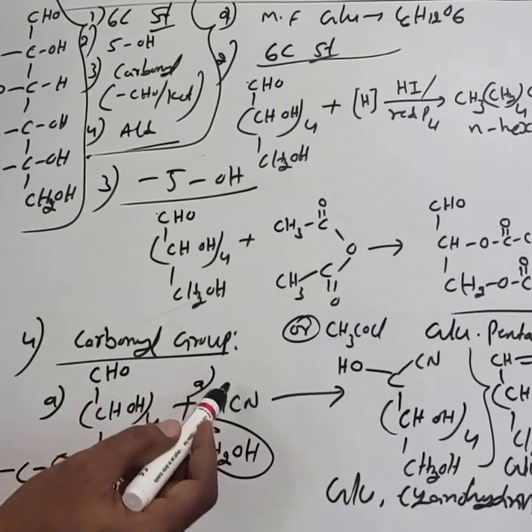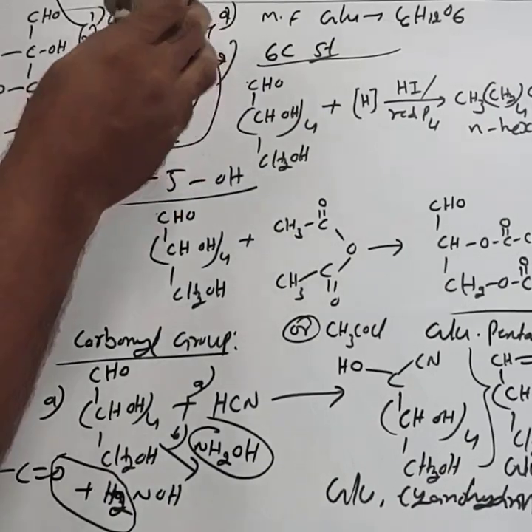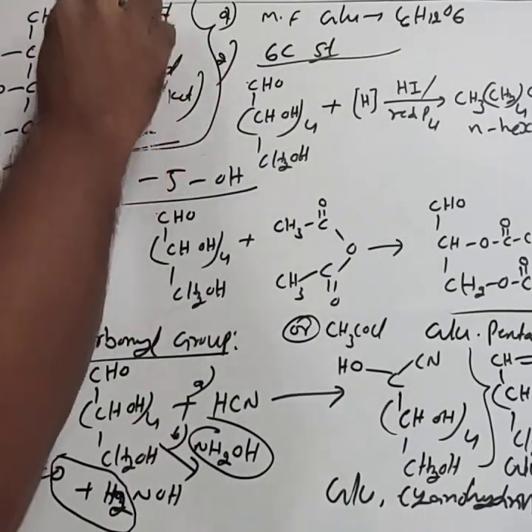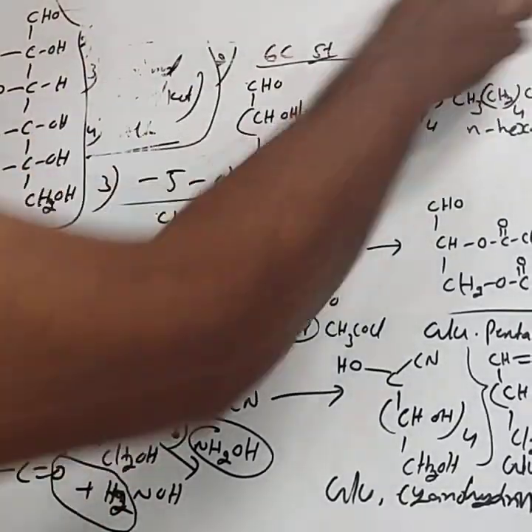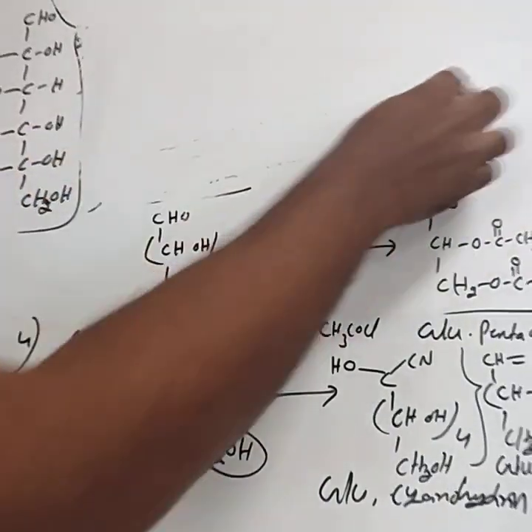With hydrogen cyanide, glucose cyanohydrin; with hydroxylamine, glucose oxime. This reaction indicates that glucose contains the carbonyl group. Then you have to prove that it is an aldehyde. Glucose contains the aldehydic group.